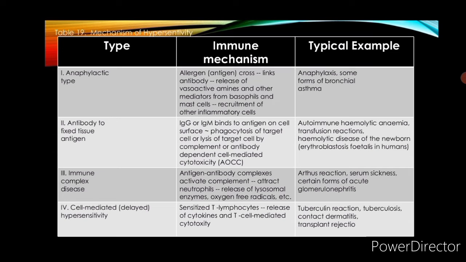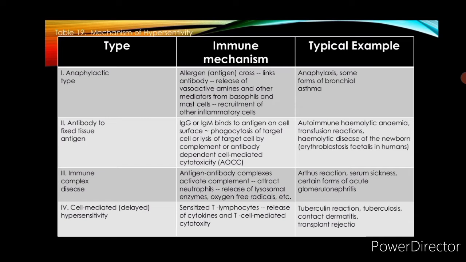The type 1 hypersensitivity reaction, or the anaphylactic type. The typical examples of disease are anaphylaxis and some forms of bronchial asthma. The type 2 reaction, the typical examples of this are autoimmune hemolytic anemia, transfusion reactions, and hemolytic disease of the newborn.